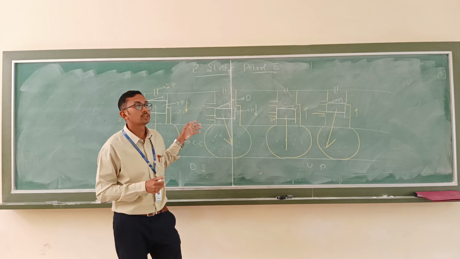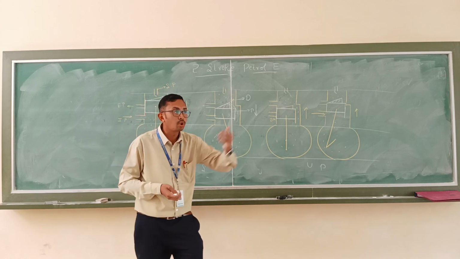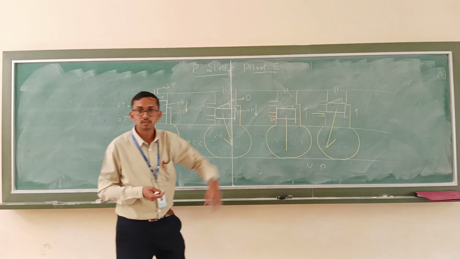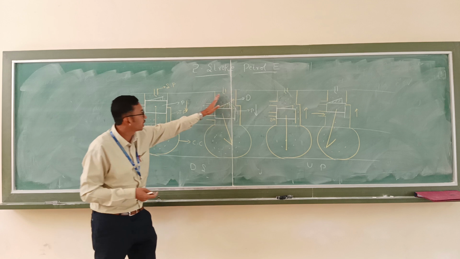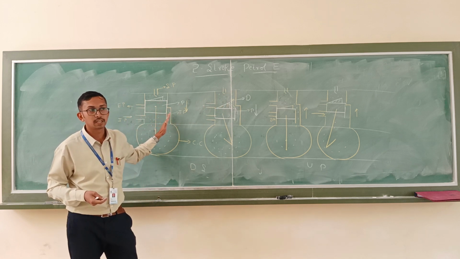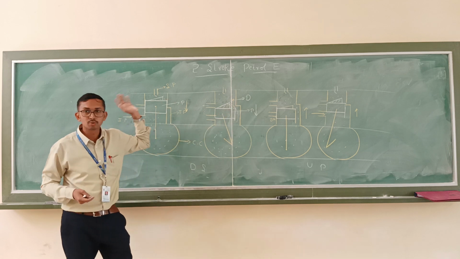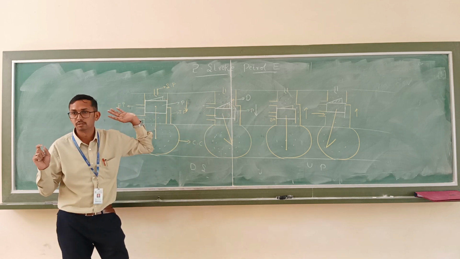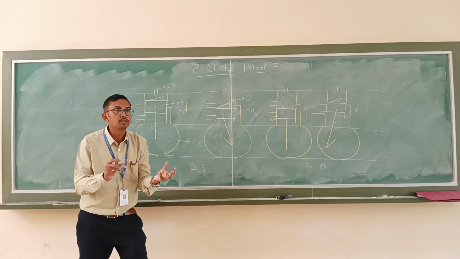In the two-stroke engines, some of the fresh air fuel mixture is going to go out to the atmosphere. Why? Because the fresh air fuel mixture is going to push out the waste gases. Along with the waste gases, some of the fuel is going to go outside without combustion. Okay, so that's why it will be in white color.